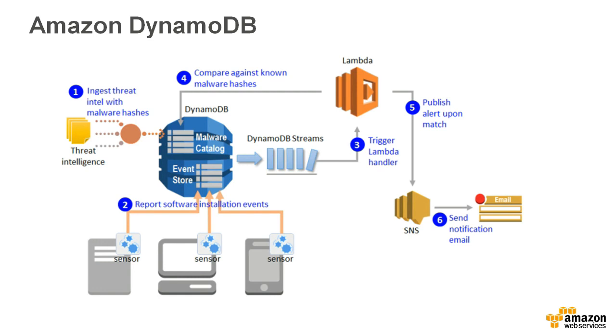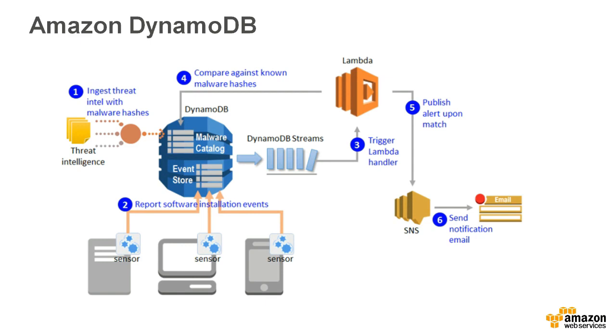Then DynamoDB creates a stream of data that triggers Lambda, where your serverless script for your applications like push notification and other things are stored.